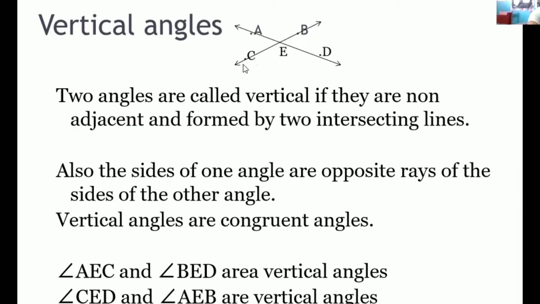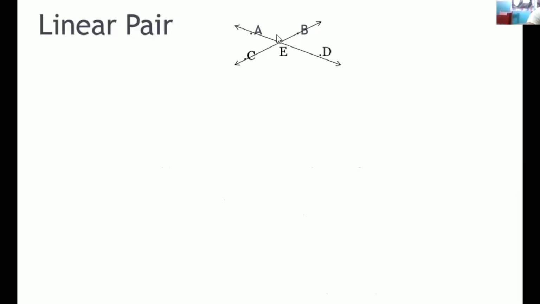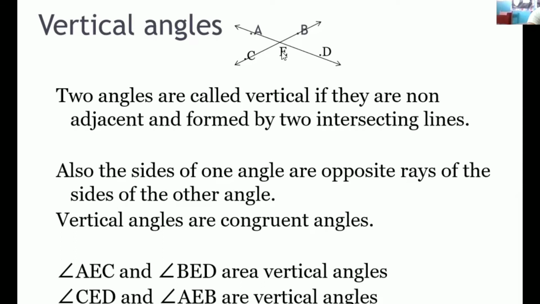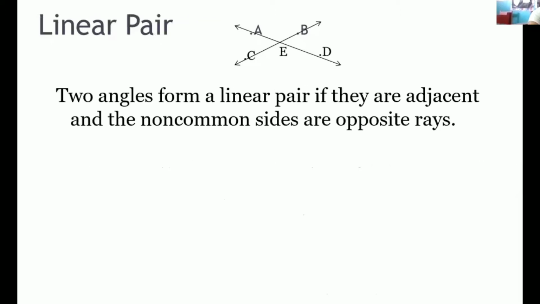Again, CED and AEB are vertical angles. They are opposite, right? This one and this one are vertical angles, and this one and this one are vertical angles. Their opposite angles are across from each other. Non-adjacent, they have no common sides. They are vertical angles.